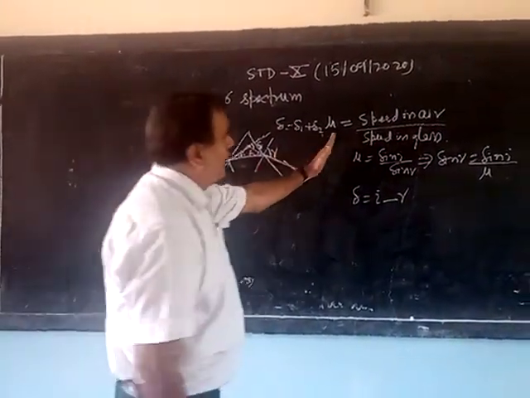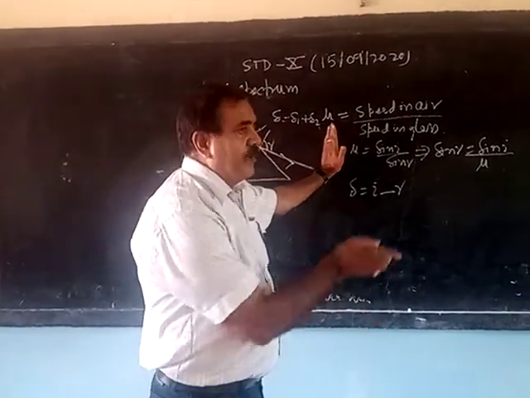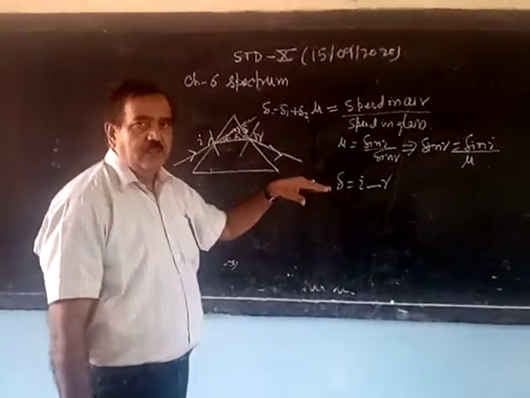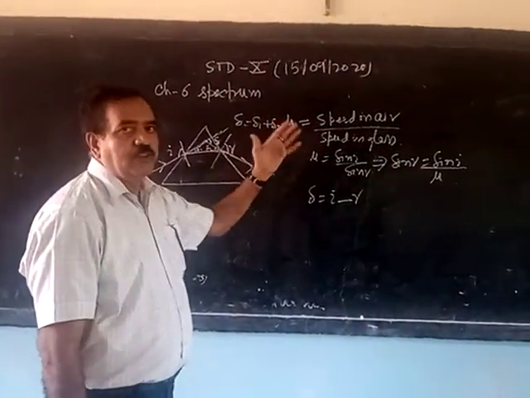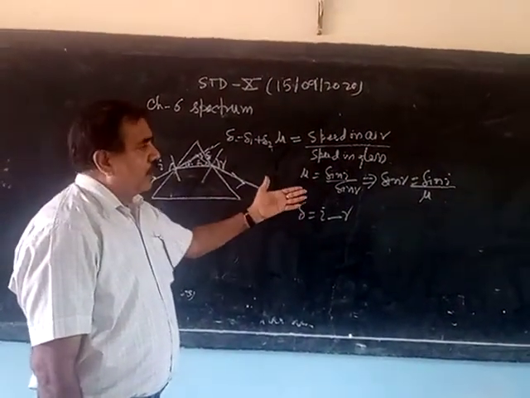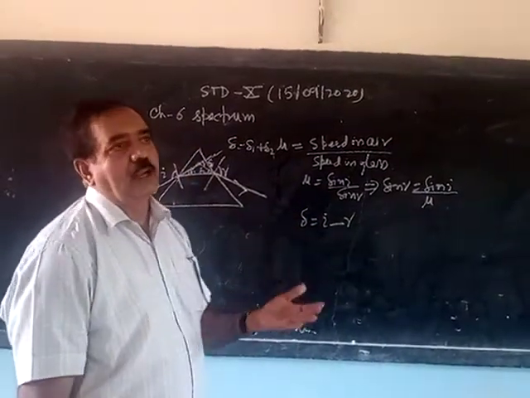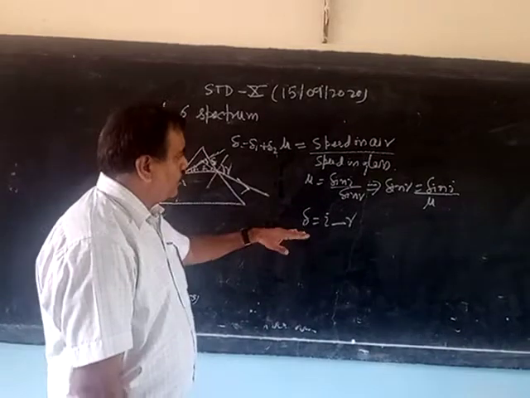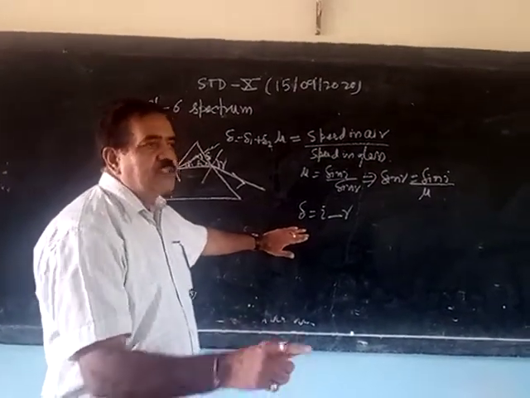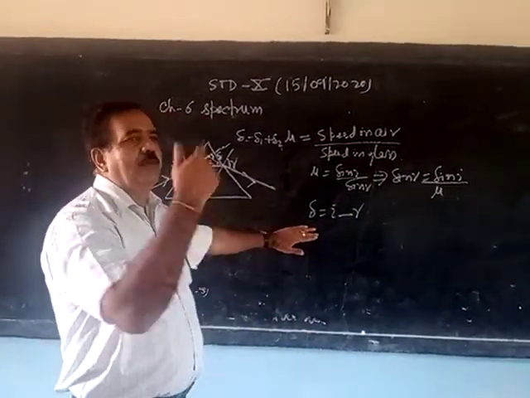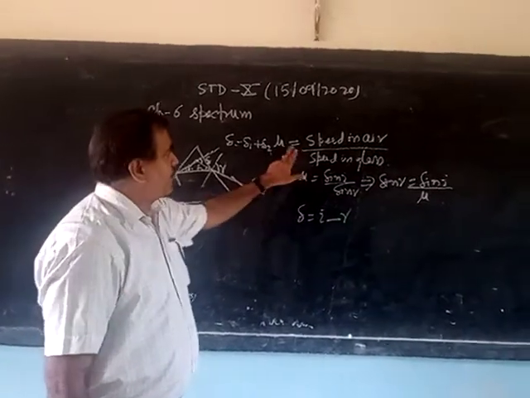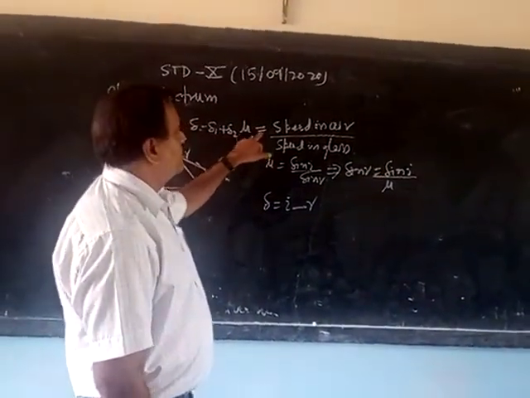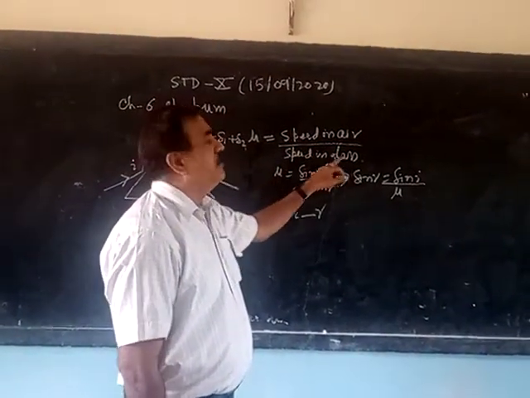Now come to one very important relation, which color will deviate more, because you have to study about the deviations. I explained that deviation depends upon three factors. Now I explained which color has more wavelength and less wavelength. Now let us know from the derivation which color will deviate more or less. First of all, you know mu, the refractive index, is equal to speed in air by speed in medium.